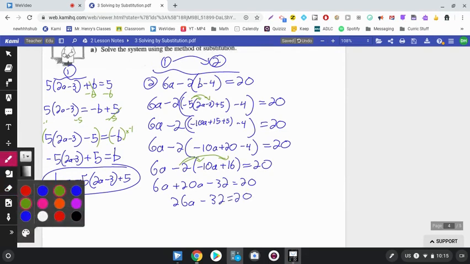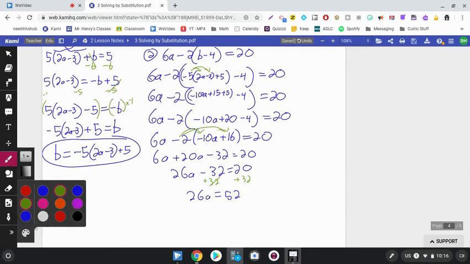And let's go through and solve. Add 32 to both sides. 26a equals 52. And divide. a equals 2. Perfect. Hey, I was able to solve for one of my variables.